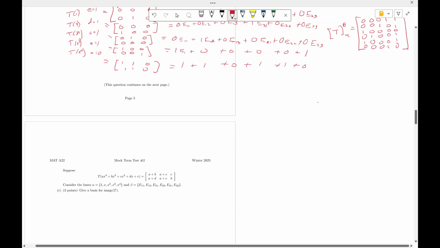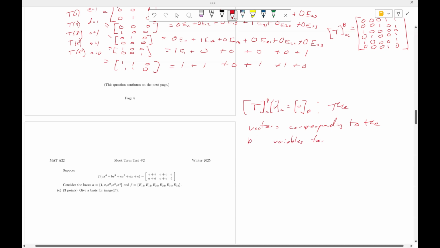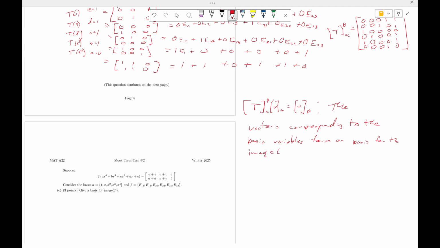If we consider the system of equations T alpha beta v alpha equals 0 in beta, the vectors corresponding to the basic variables form a basis for the image of T.